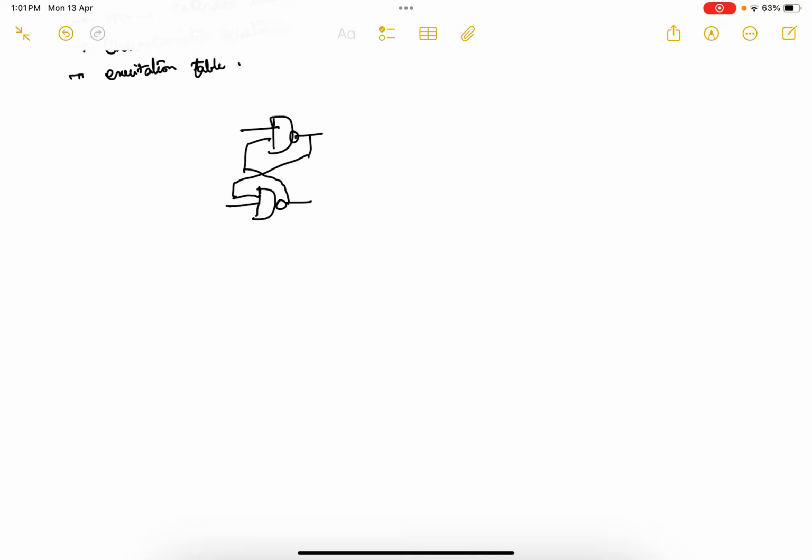This output is the feedback over here. This is Qn bar. This will be Qn. The next state is Qn plus 1. Here the next state is Qn plus 1 the whole bar.